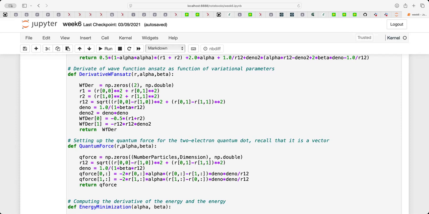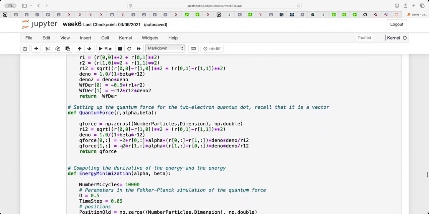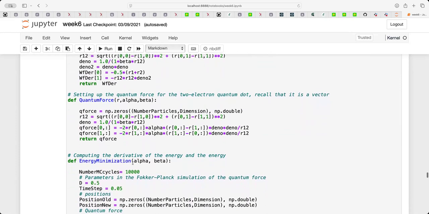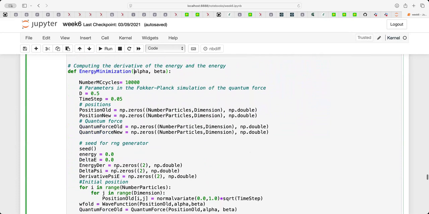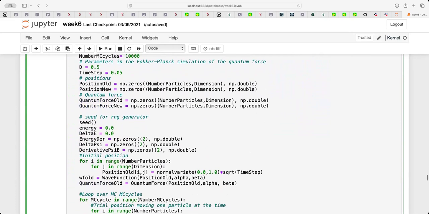And the next piece is a quantum force, which we discussed some 2 weeks ago. And then I have my energy minimization, where in this case I just do 10,000 Monte Carlo cycles. And then I'm using importance sampling. And you will see now that I'm actually setting up 2 numbers.